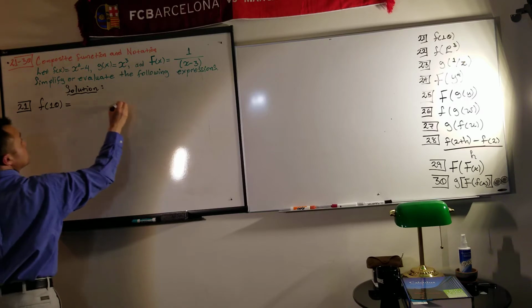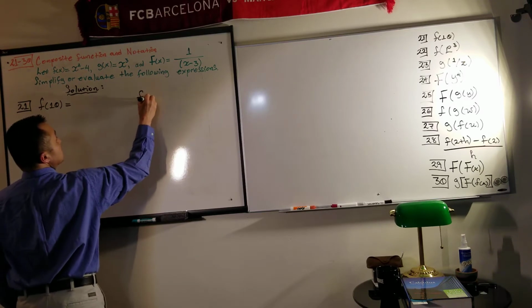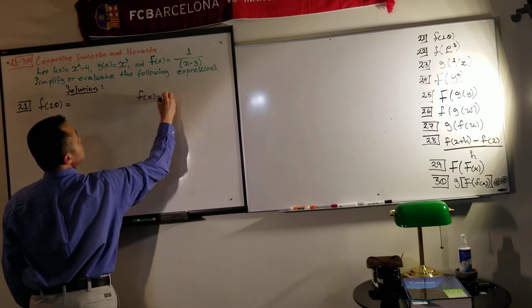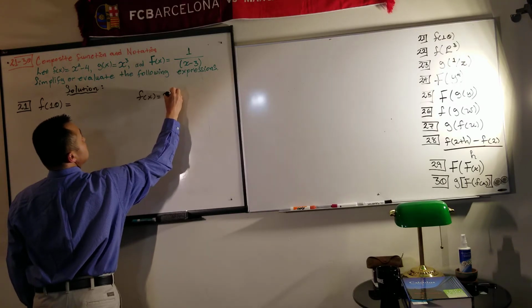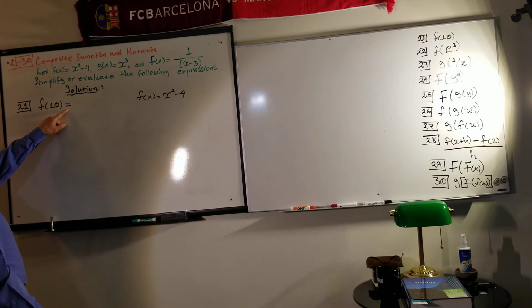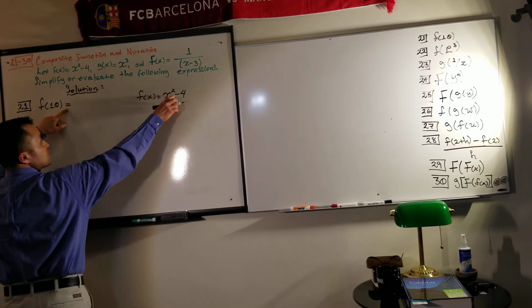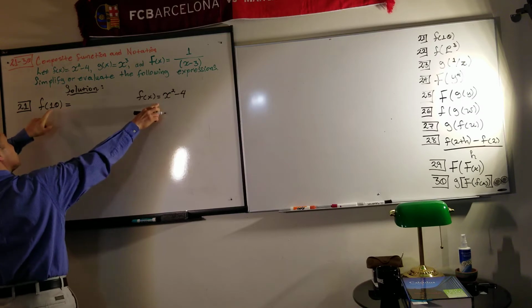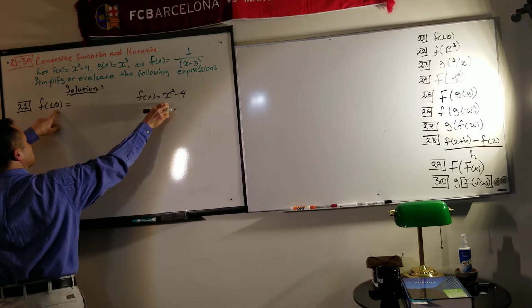We know that f of x is equal to x squared minus 4, and f of 10 is going to be equal to x squared, where we substitute x with 10.